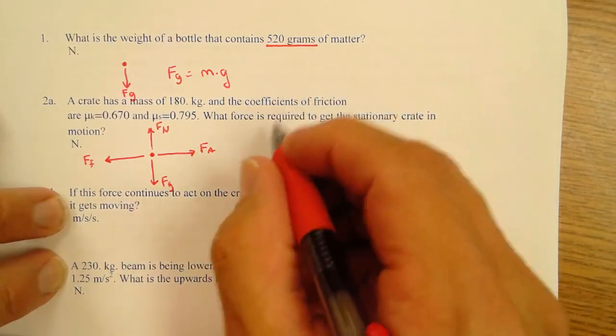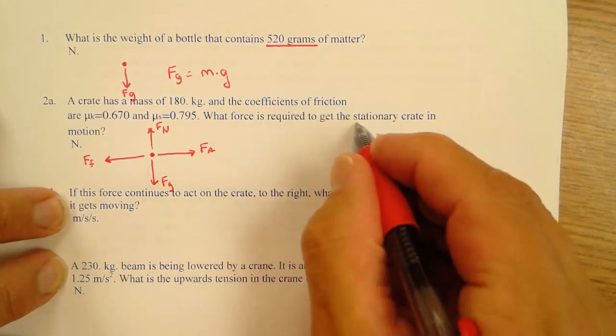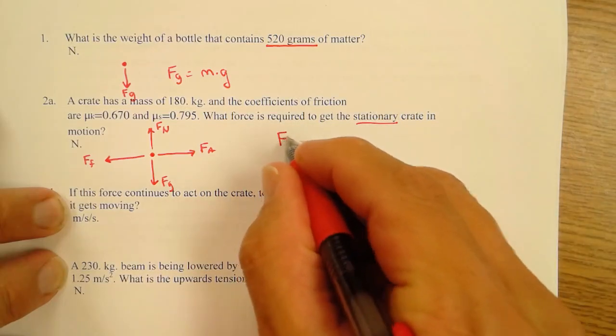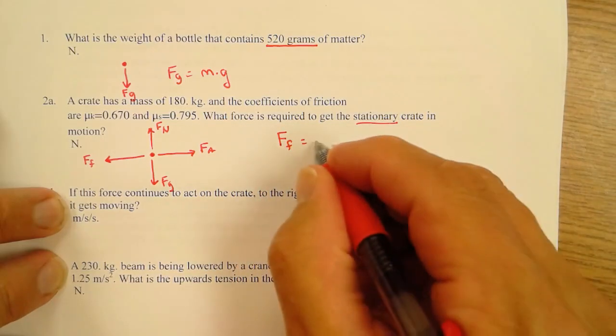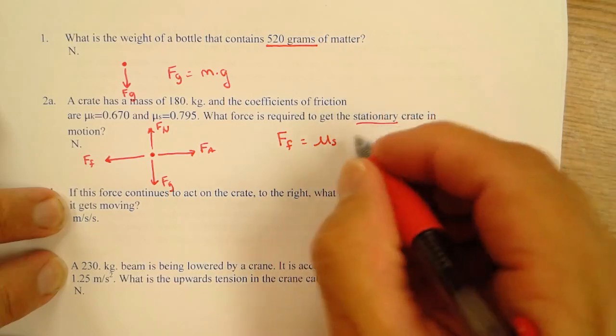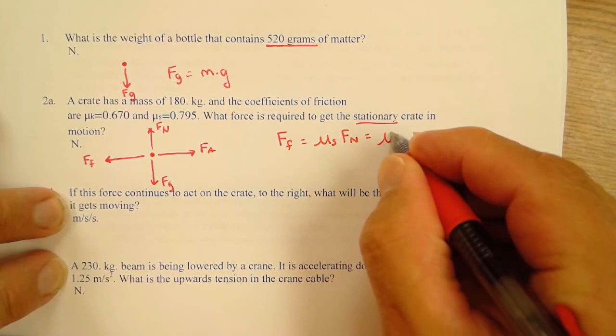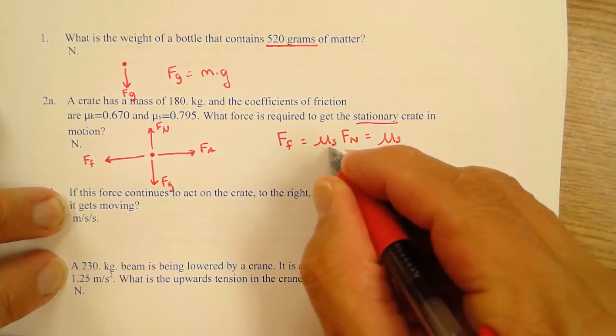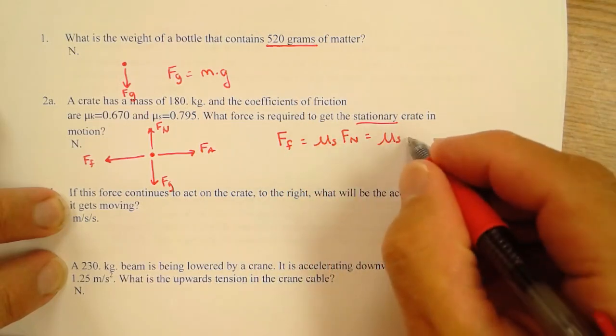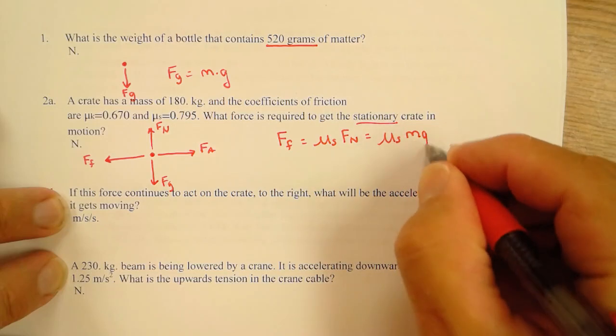find the friction force. So remember that the friction force, if something is stationary, will always equal mu sub s, the coefficient of static friction, times the normal force, which in this case is the same as the weight, which is mg.